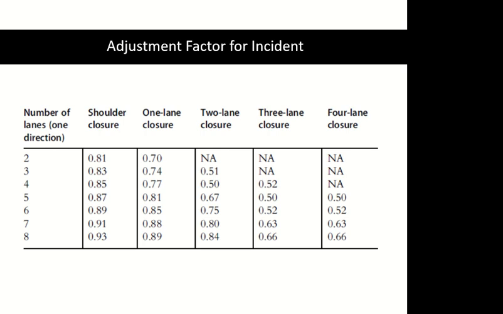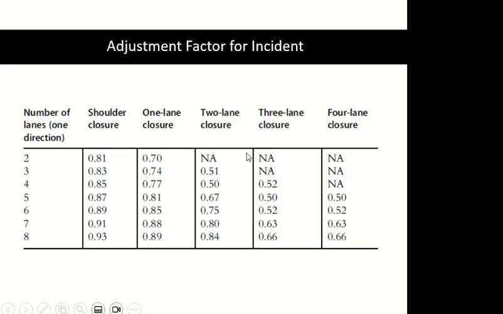We only have the capacity adjustment factor for lane closure, not a speed adjustment factor. So these values are CAF, not SAF. If lane closure is given because of an incident, you will get the factor from here.